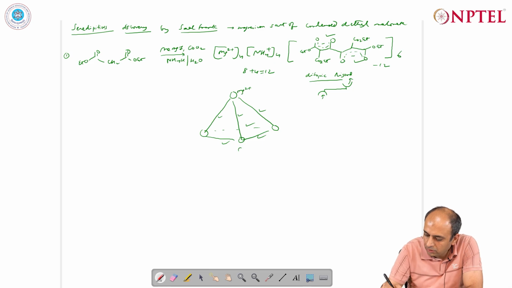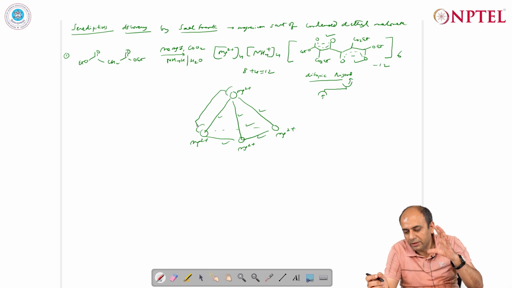The magnesium is present here at the ends of the tetrahedral building block, and then between the two magnesium centers we will have the ditopic ligand.